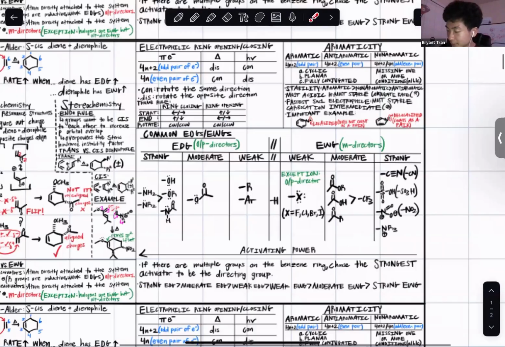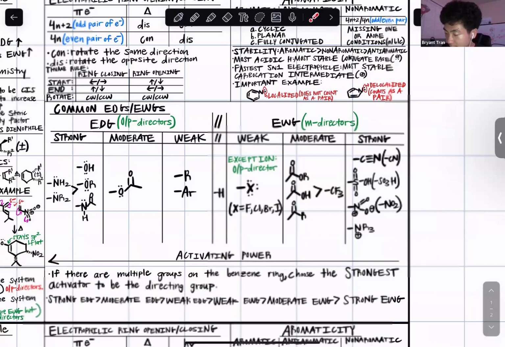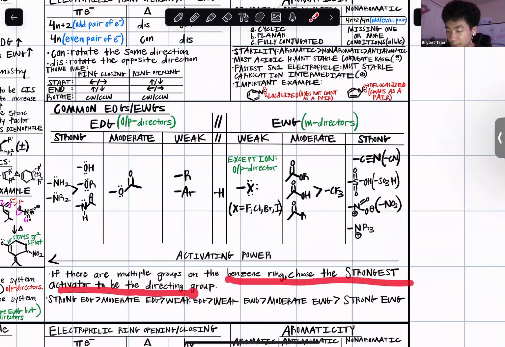If there are multiple groups on the benzene ring, choose the strongest activator to be the directing group. An EDG is known as an activator because it donates electrons into the benzene ring, making it a stronger nucleophile, activating the ring. An EWG is known as a deactivator because it withdraws electrons from the benzene ring, making it less negative charge, more positive charge, making it a weaker nucleophile.